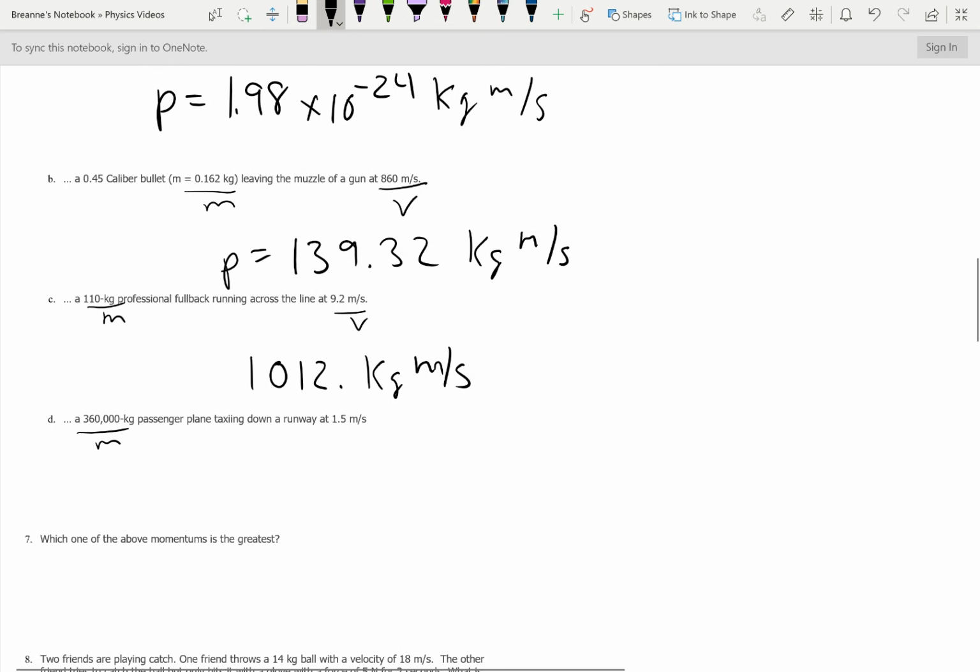Again, you have a mass and velocity, just multiply those two together. 310, and you get this really big number. Oh, put my decimal in the wrong spot. So 2, 3, 4. One more, so it should come there. Kilograms meters per second.